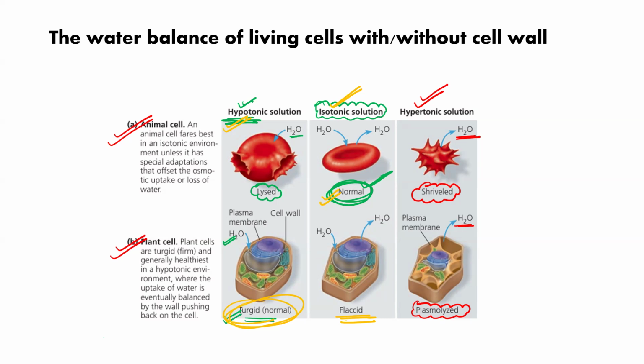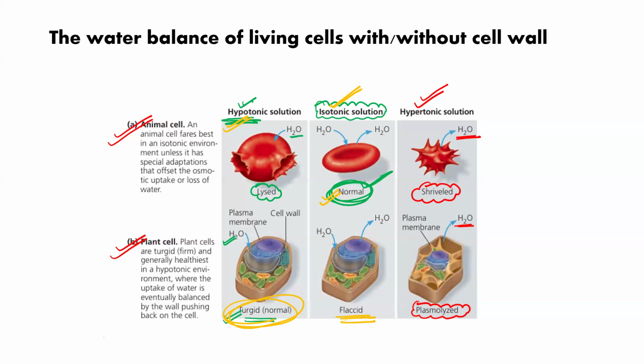So water will move from low concentration of solute to high concentration of solute, or you can say water will move from its high concentration to its low concentration. So it is a special type of diffusion in which water moves through a semi-permeable membrane along the gradient.